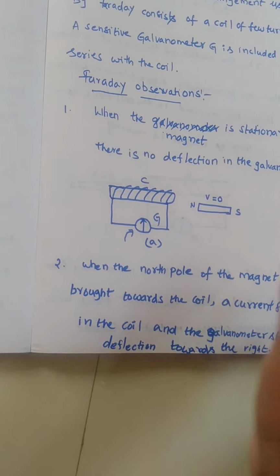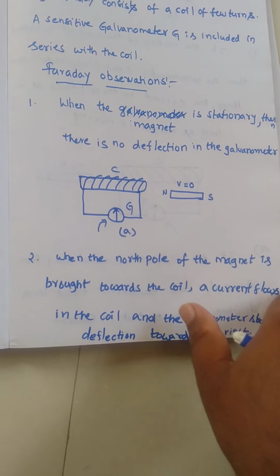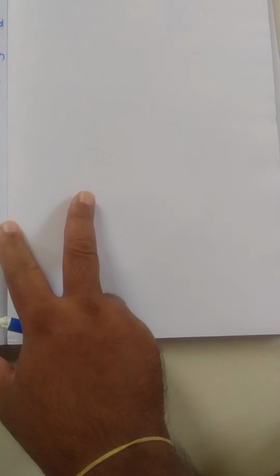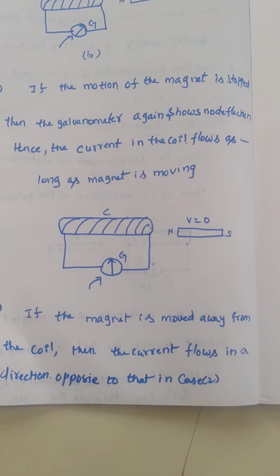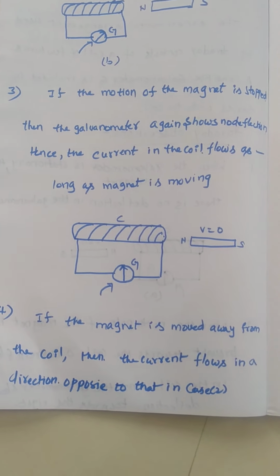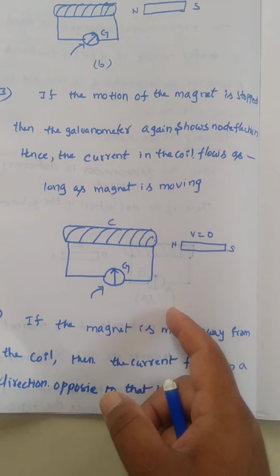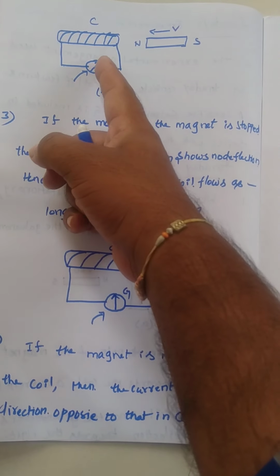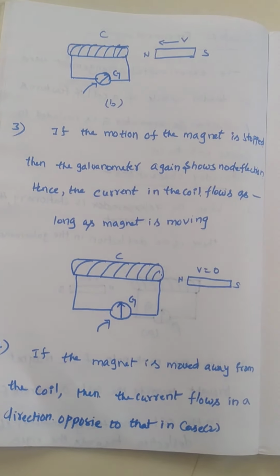But here, we send the magnet away from the coil. Before that it showed deflection, meaning current is produced in the coil, but here also it shows deflection, but the current is produced in the left direction. The deflection shows on the left side.